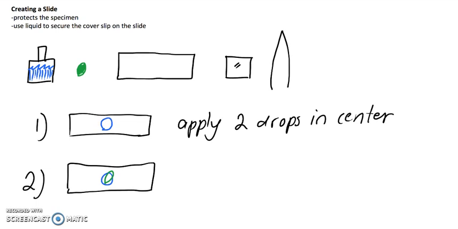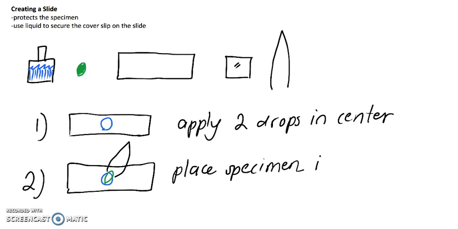So here are my forceps placing that leaf. So step 2 is place the specimen, doesn't have to be a leaf, but place the specimen in the center with the forceps.